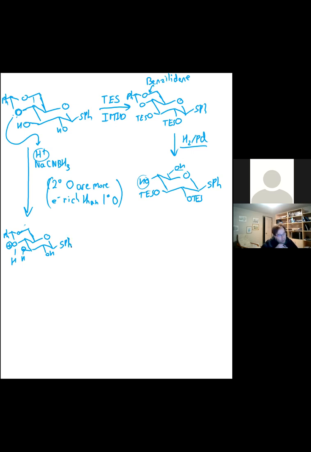And the H plus for this is generally a little bit of HCl. So I'm just going to actually sketch an HCl. Not a lot. Kind of small amount, like 1 equivalent, 2 equivalents. You don't need a lot.